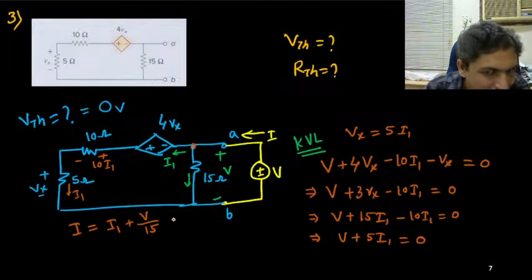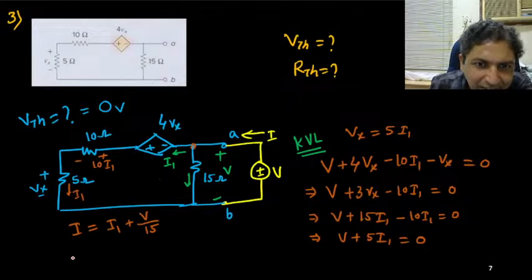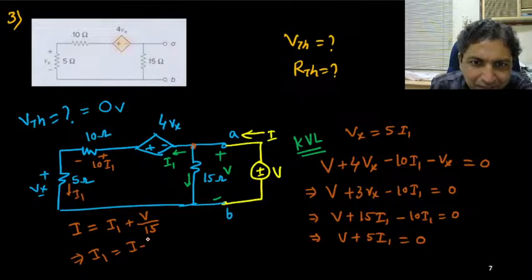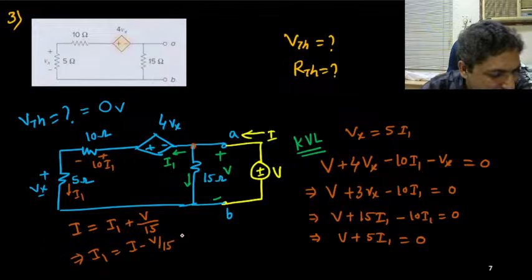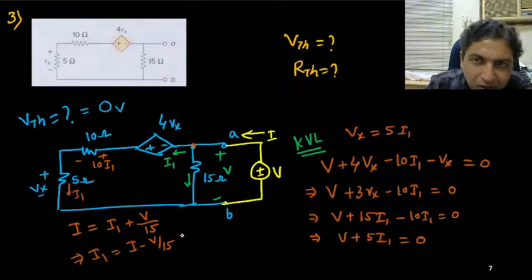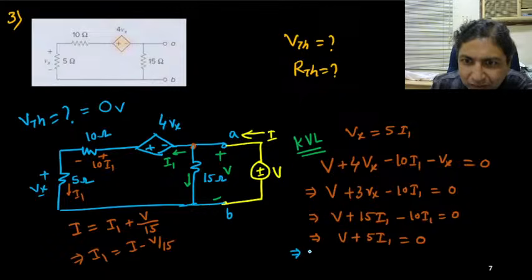Okay. So from here I can express the I1 as I minus V by 15. Good. So now what I can do, I can use these things. So this V plus, this is 5 times I minus V by 15, and that is equal to 0.